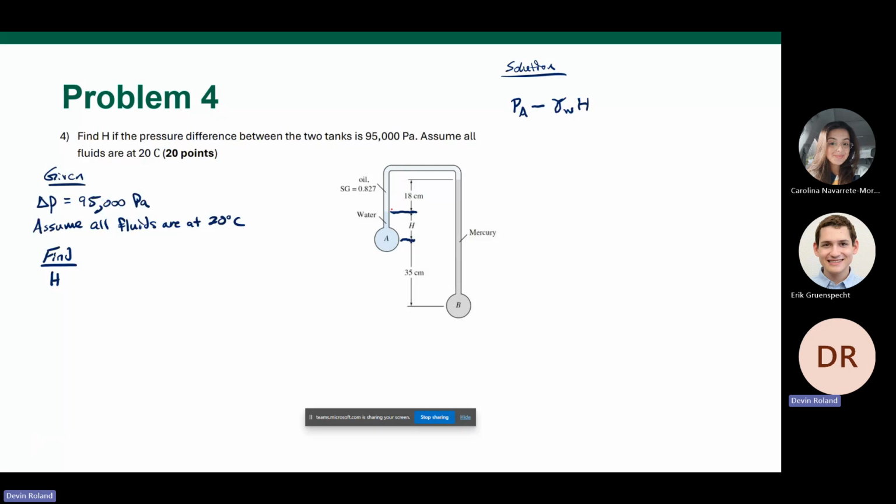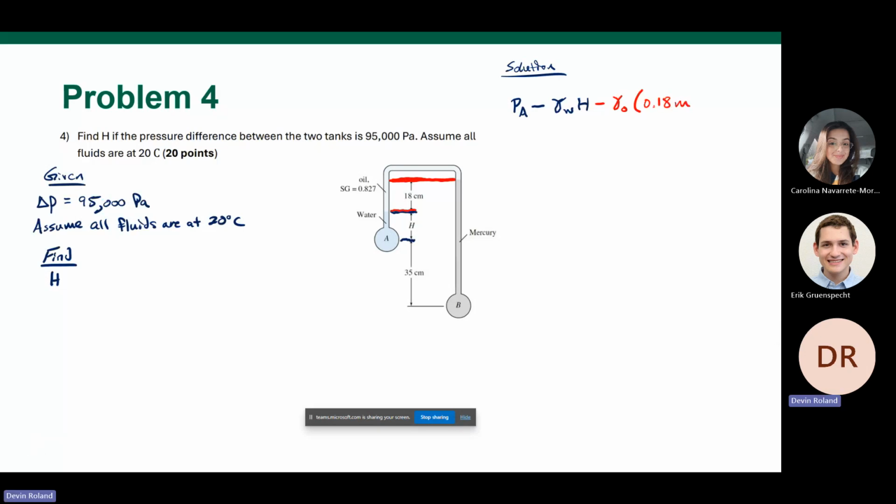Now we're moving from this interface, and maybe I can do it in a different color so it's clear. So now we're going from this interface to this interface here. Okay. So that's going to be minus the specific weight of oil multiplied by the distance that's there, which is 0.18 meters.